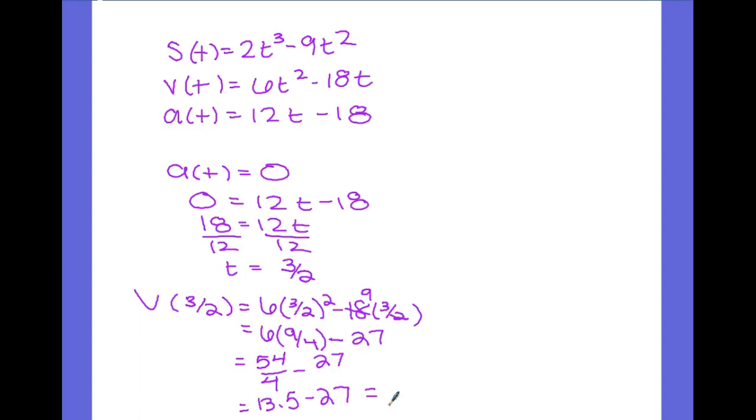What's the answer? Is the answer 13.5? Negative 13.5? Negative. I got 81. You mean your fraction? No, okay. 27 times 4, though, is 100. Well, I don't know how I did it, but you had to subtract the 54 from that number.